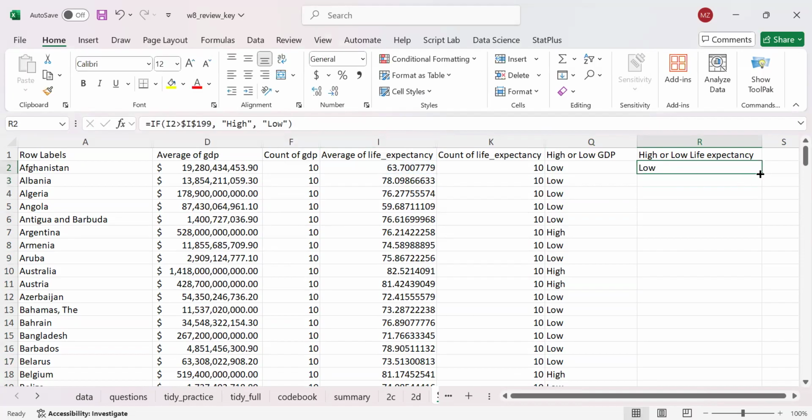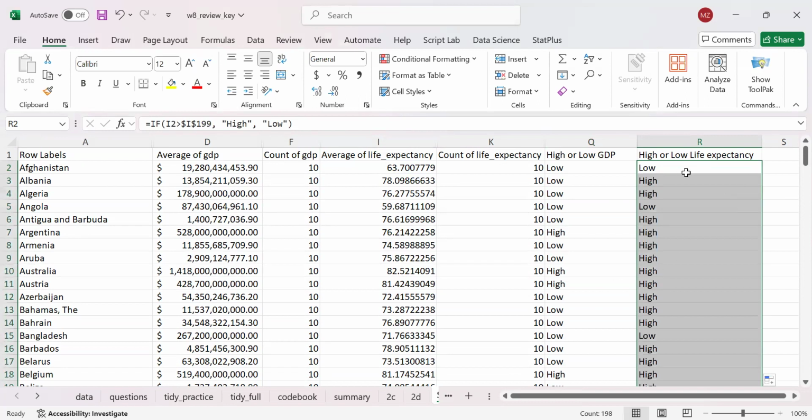And then you can drag it down. So we have these two categorical variables.